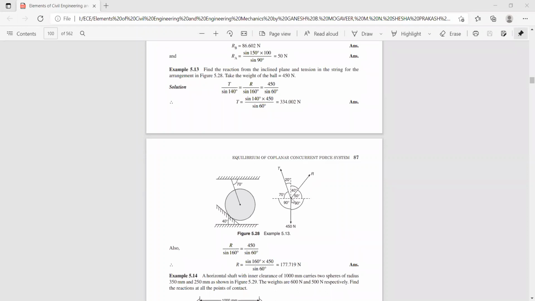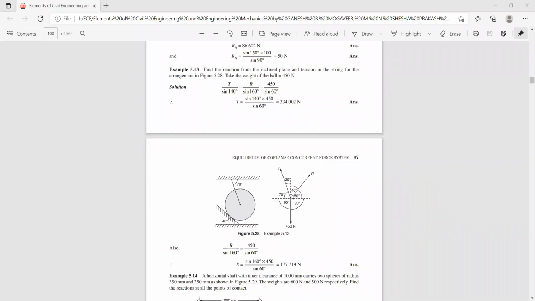Now you have a tension force, T, because this portion of the string is subjected to two equal and opposite forces, hence it is subjected to a tension force, the angle made by which is 70 degree, and the weight of this sphere, 450 Newton, acts vertically downwards.